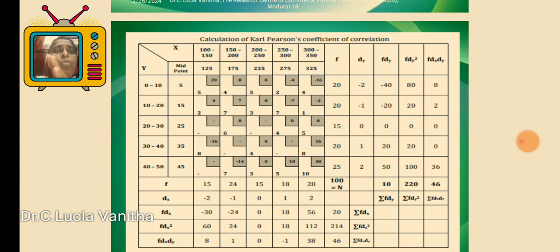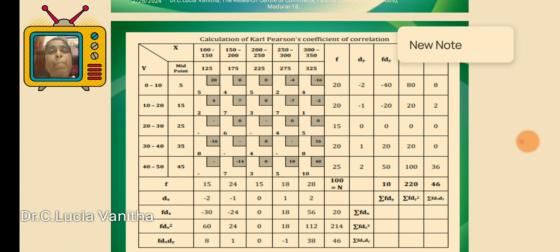Now x is in thousands, and we have taken the classes 0 to 10, 10 to 20, 20 to 30, 30 to 40, and 40 to 50. The first step is that we need to find the midpoint.